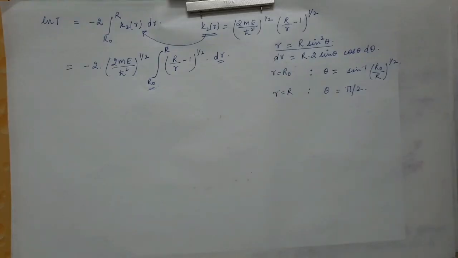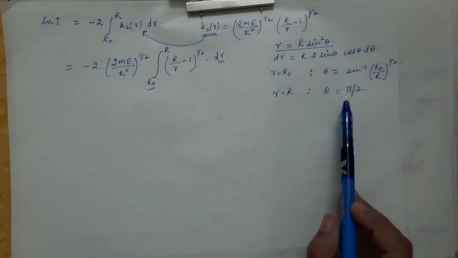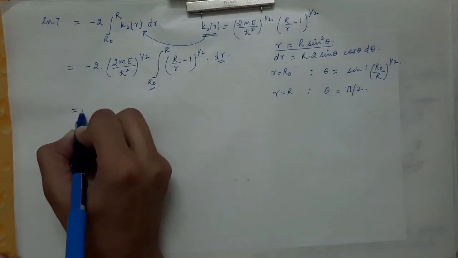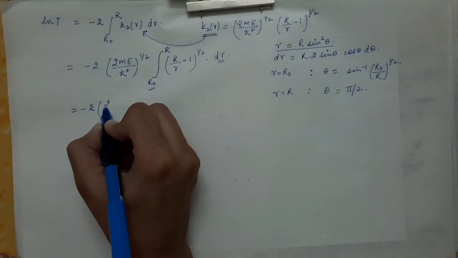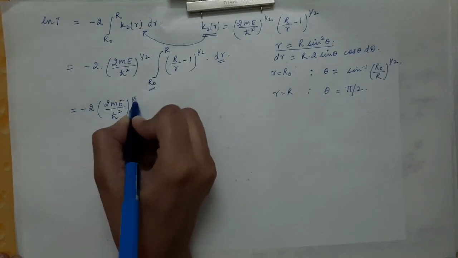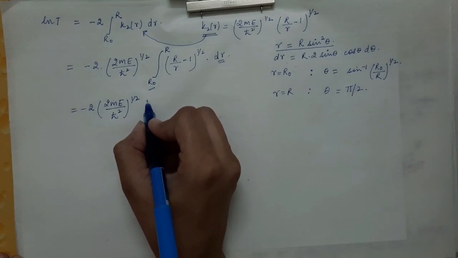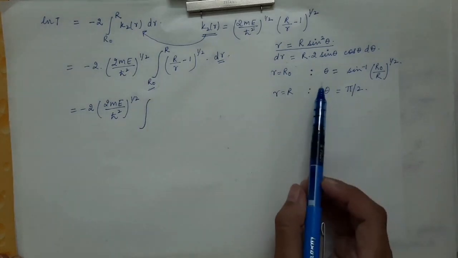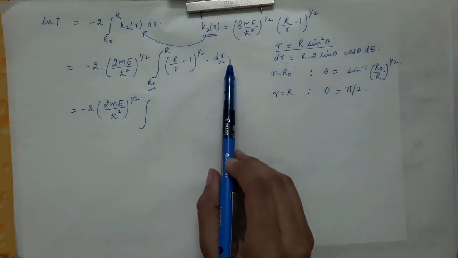So now we will substitute all these terms in this equation. The natural log of T will come out to be equal to minus 2 into 2me divided by h cut square, power 1 by 2. Then we have the integration, and the limits of integration will change because we are substituting r in terms of theta.